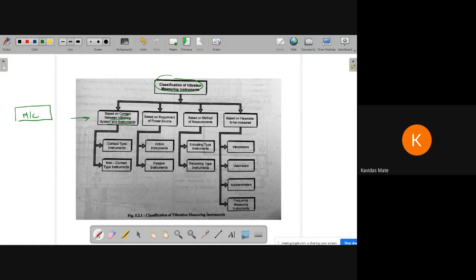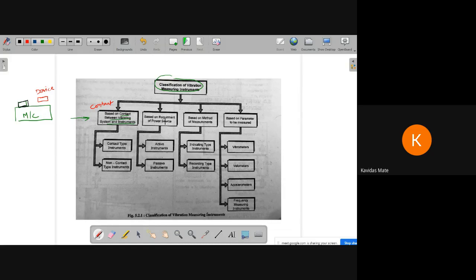If you place the measurement instrument directly onto a machine, it is called contact type. If you place it away from the machine, but still measure that parameter of the vibration, so that the machine and the device are not in contact, it is called a non-contact type of instrument. So the first classification is based on contact types.